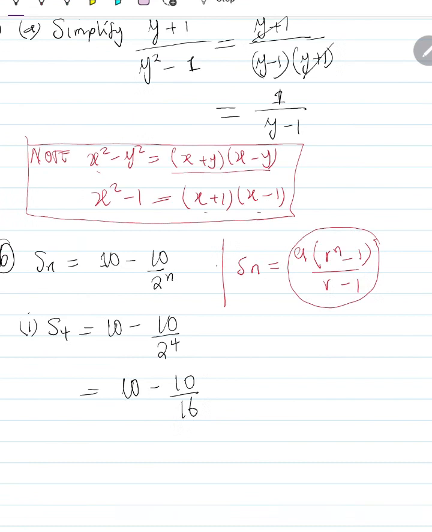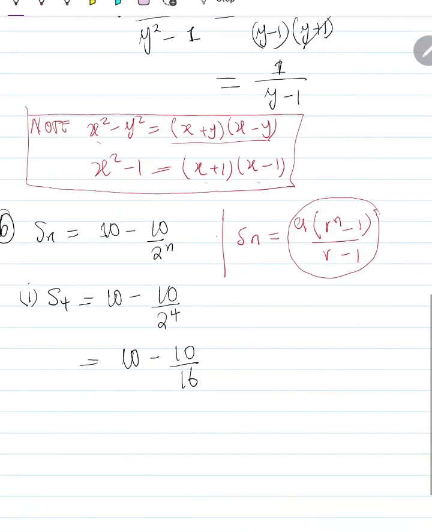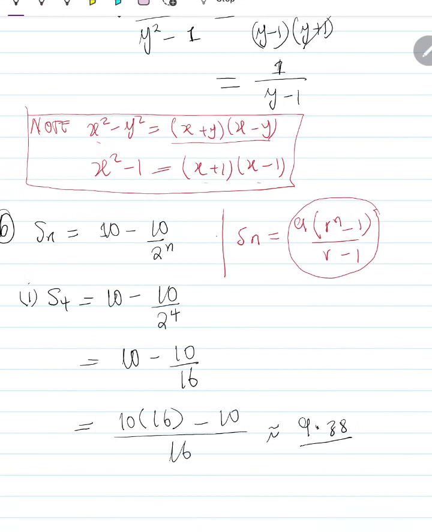Then you have to simplify this. You can use a calculator, or you could just do 10 multiplied by 16 minus 10 over 16, and this should be approximately 9.38 to 3 significant figures.